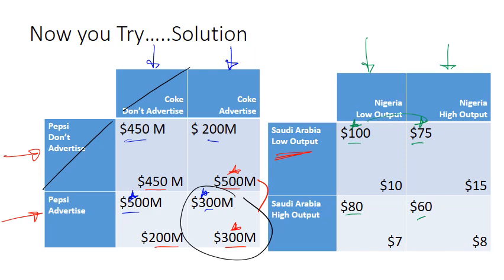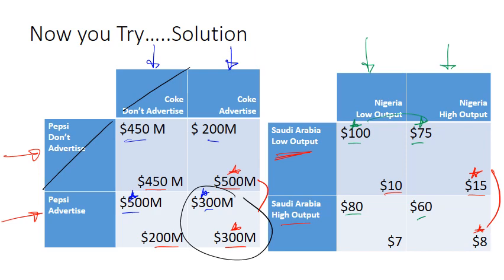If Saudi goes with low output, then Nigeria starts wondering, do I go low or do I go high? It turns out they're going to be able to be better off if they choose high output. If the Saudis go with high output, Nigeria once again is better off choosing high output. Turns out that Nigeria has a dominant strategy to go for high output, whereas the Saudis have a dominant strategy to go for low output.